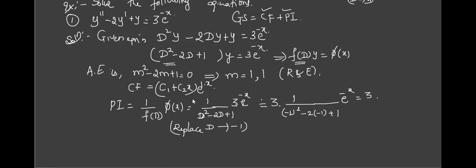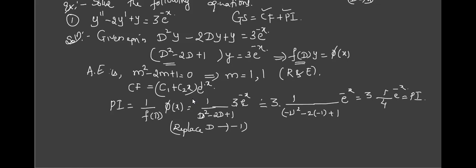Don't write 0.5, I want 1 by 4. Don't hurry, this is what will create problems. You replace all the D's by minus 1. Is any D appearing here? No. That means this is the answer, this is what is called PI.